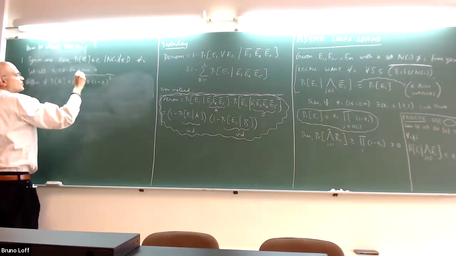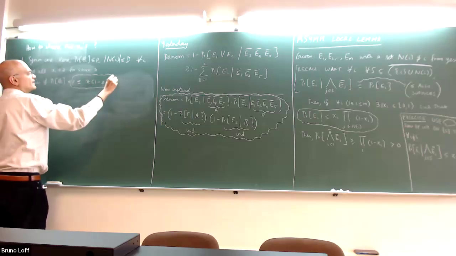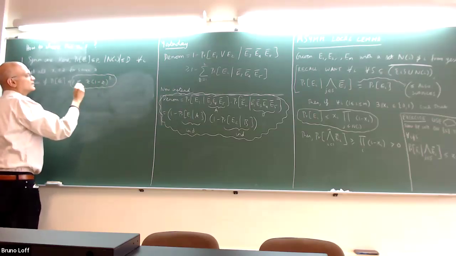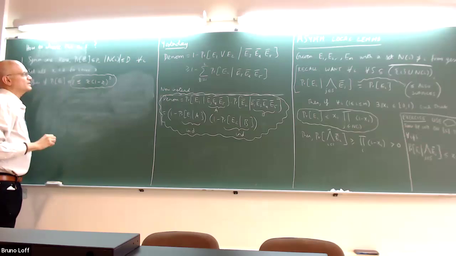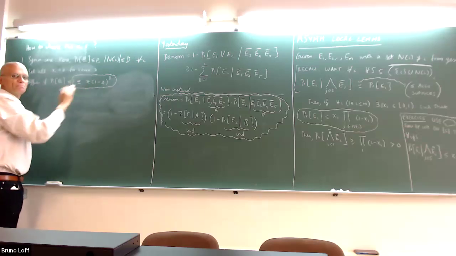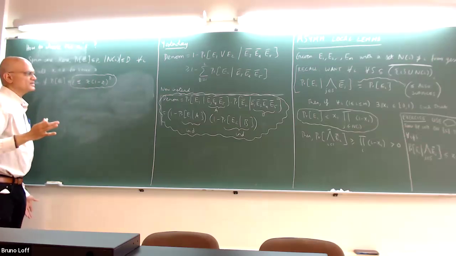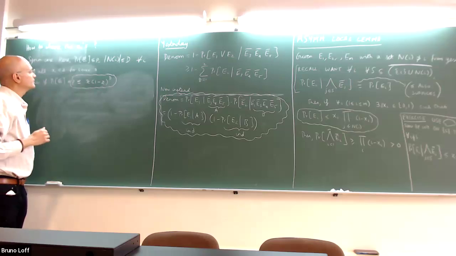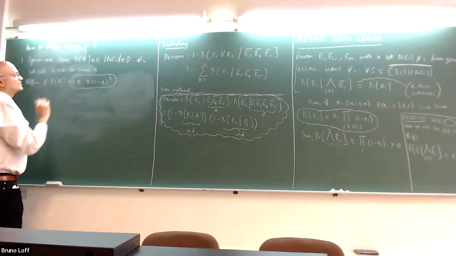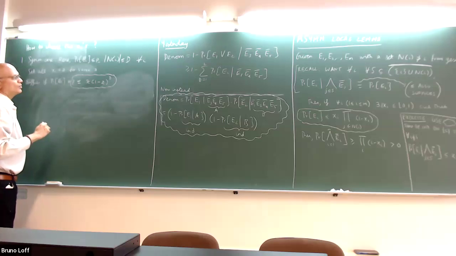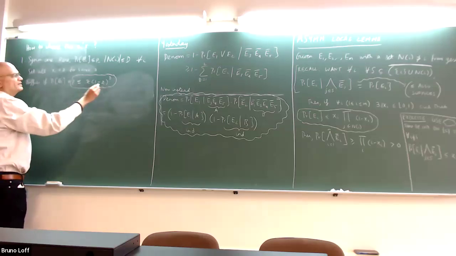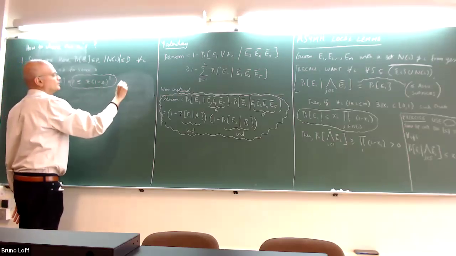Therefore, it suffices if there exists a z that satisfies this condition, right? z is a function of p and d. So z is a parameter that you want. Now, how do you choose the optimal z? You want the maximizer over z, where z runs from 0 to 1.